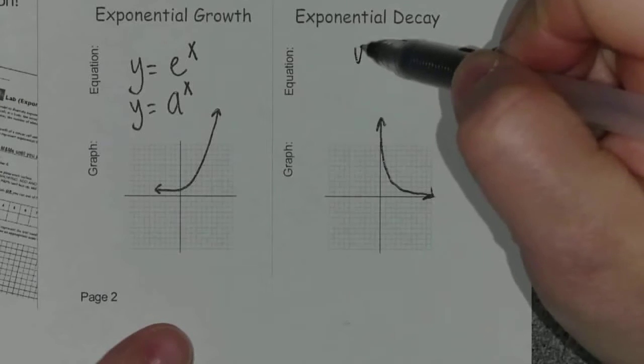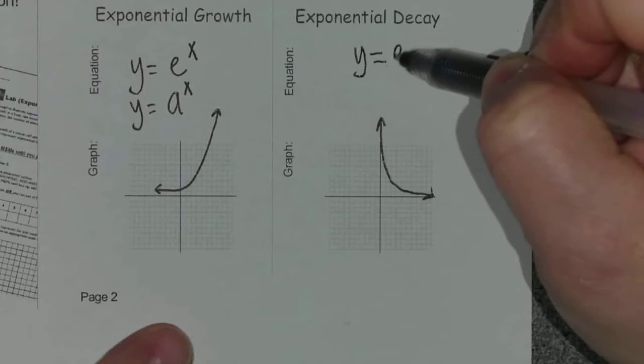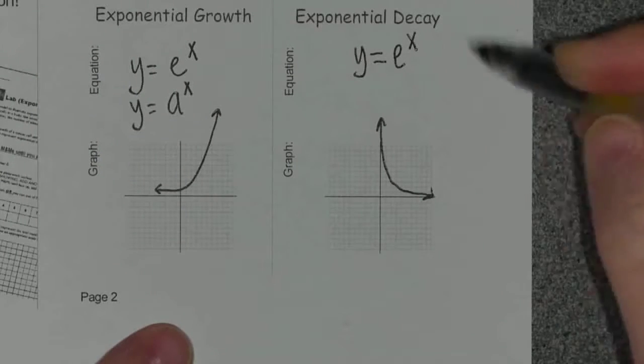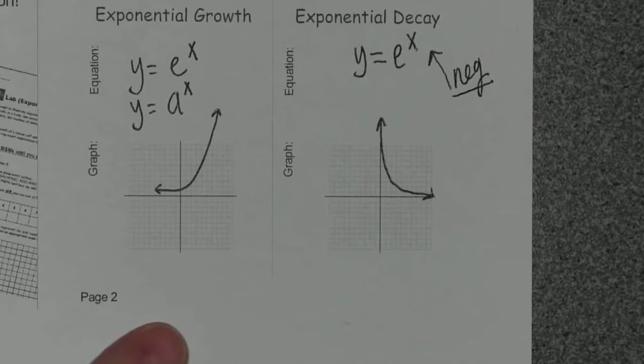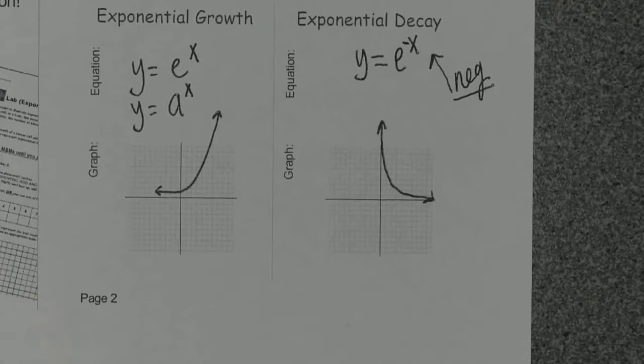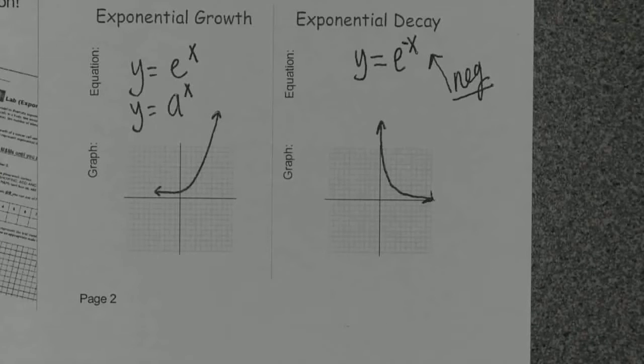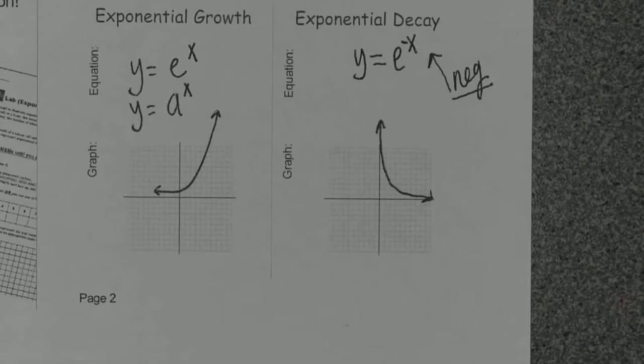Okay, its equation looks the same, but when we're talking about decay, the power is going to be negative. So it would be a negative x. So that's just a little bit of an introduction of what our curves will look like. And we're really just going to grab graphing calculators and use graphing calculators to graph them, okay?